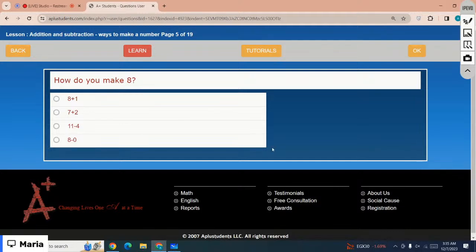Yes, the only option that makes 8 is 8 minus 0 equals 8, right?